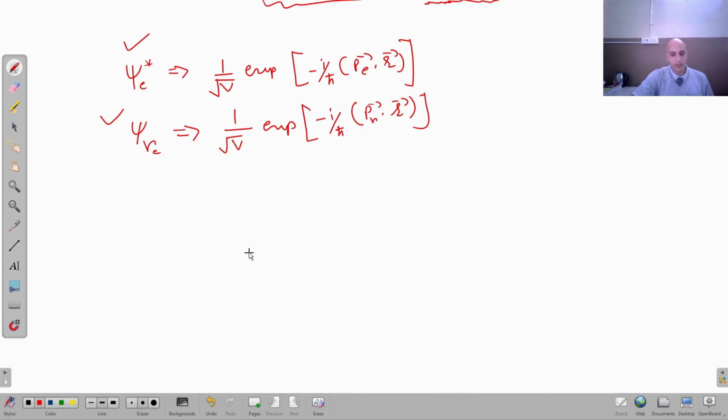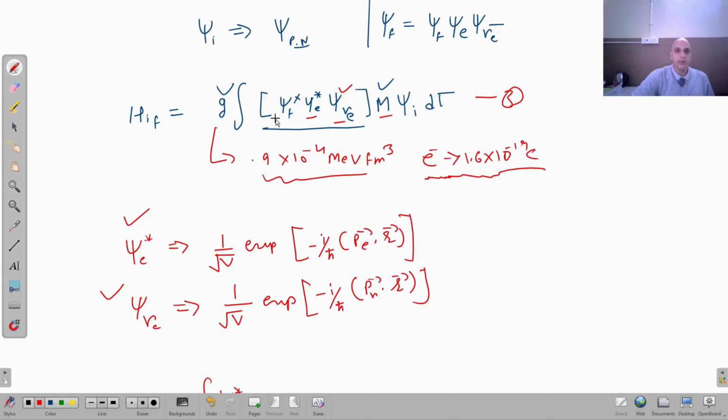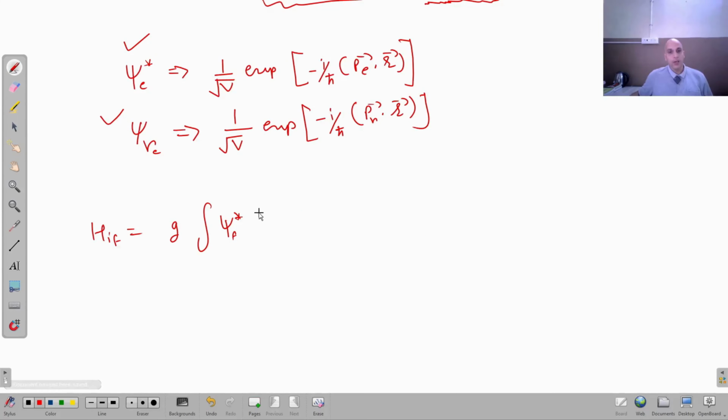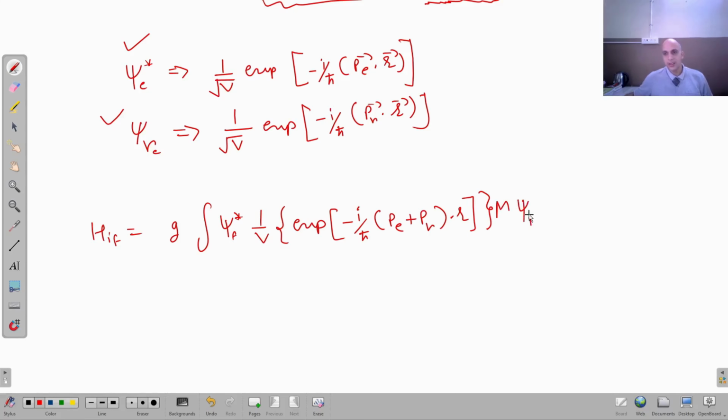Then I am putting it in 3, I will get HIF is equal to Z into integration psi f star, as it is, 1 upon V. I will multiply these two, 1 upon under root V and 1 upon under root V, it will give me 1 upon V, into bracket exponential of minus iota upon h cut into P electron plus P neutrino dot R, this bracket closes, and then after matrix element operator M, then psi initial and d tau.